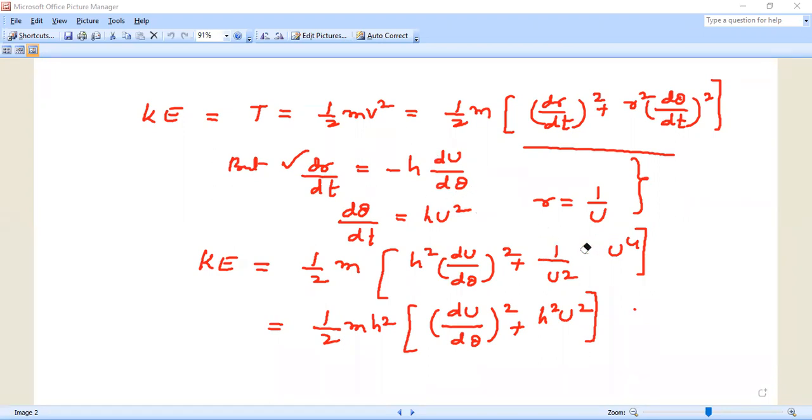More correction with this one, or 1 by u square d theta by dt whole square, and there we get h square. So here h square already taking common, right? Now this is the correct. And yes, dr by dt equal to minus h du by d theta, d theta by dt equal to h u square, r equal to 1 by u.